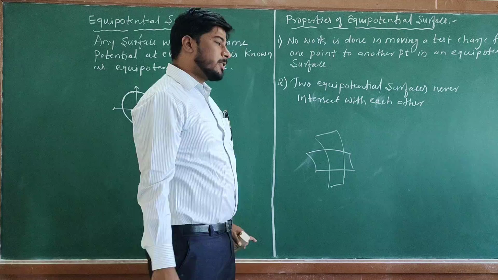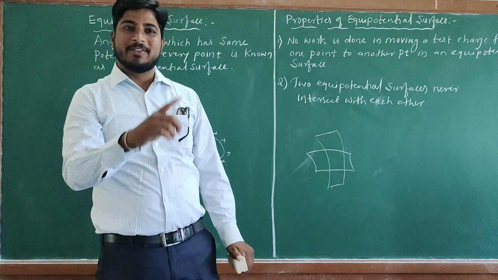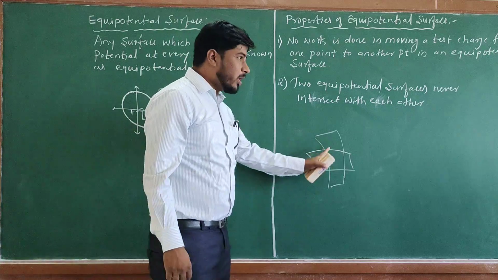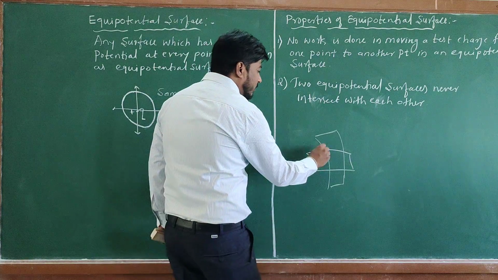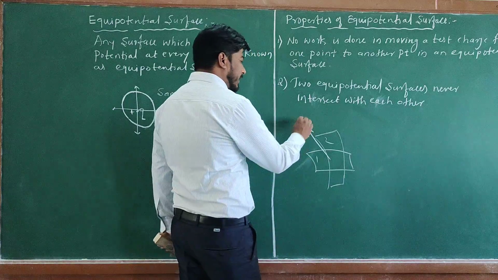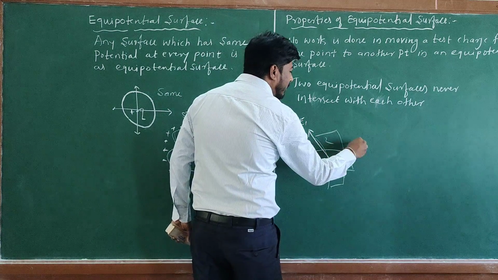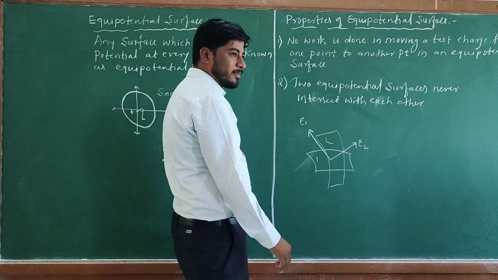Why? Because there must be only one direction for the electric field. If there are two equipotential surfaces, then for surface 1 there is one electric field in this direction, say E1. For equipotential surface 2, there is one more electric field, E2.